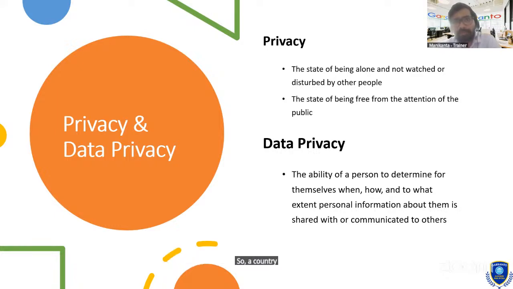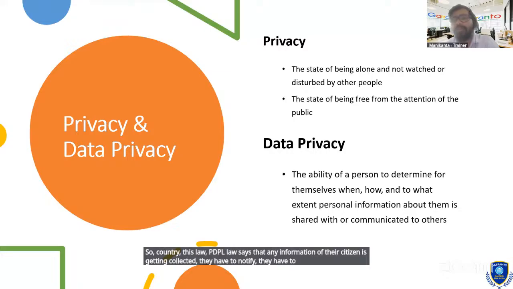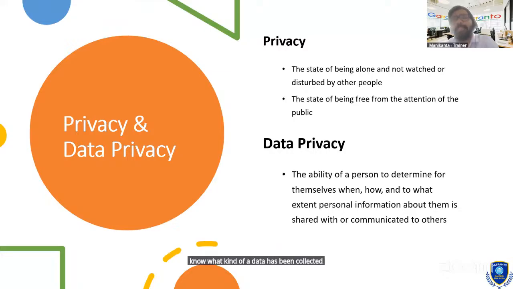The PDPL law says that if any information of their citizen is getting collected, they have to be notified and know what kind of data has been collected. Also, if it is getting used or processed, they have to be notified. And as a citizen, you should also have the right to modify, delete, and erase the data, because you are the one providing that information.